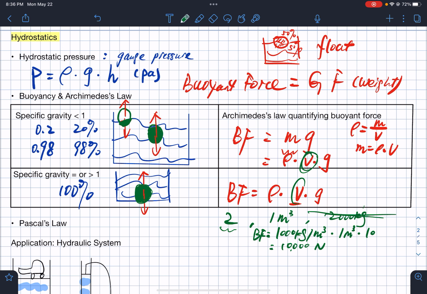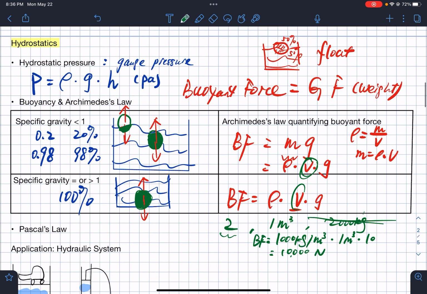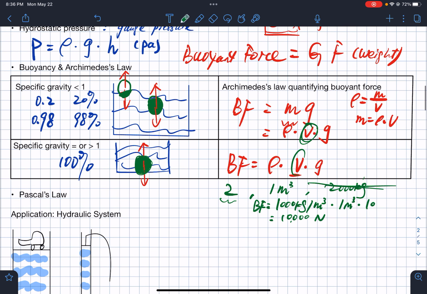I didn't even use the mass of the ball, 2,000. This is very MCAT-like: it will throw you information that you might not need for solving the question. So that's all about buoyancy and Archimedes' law.